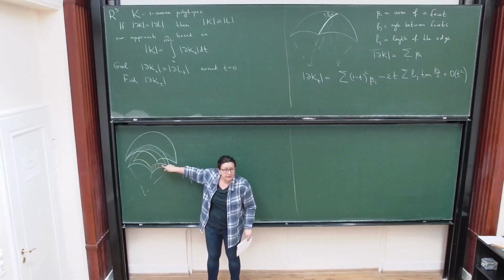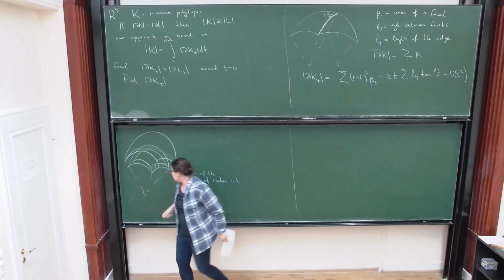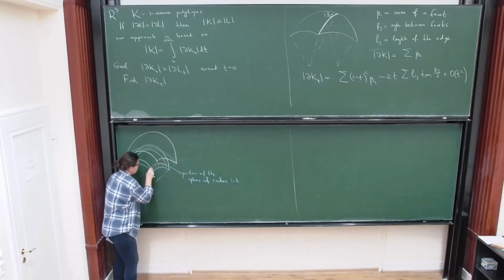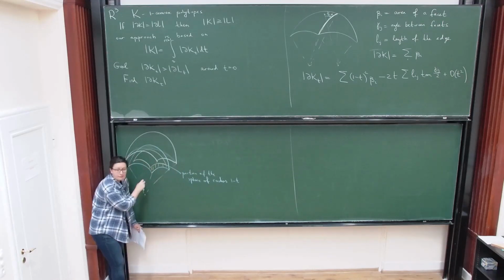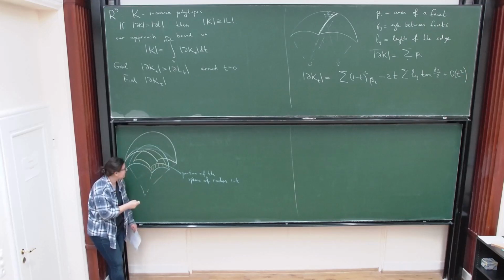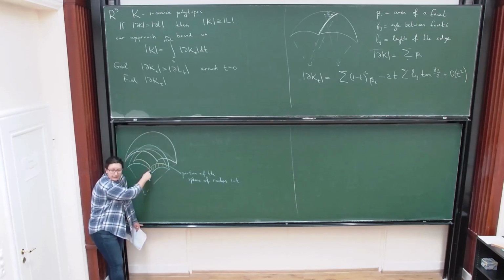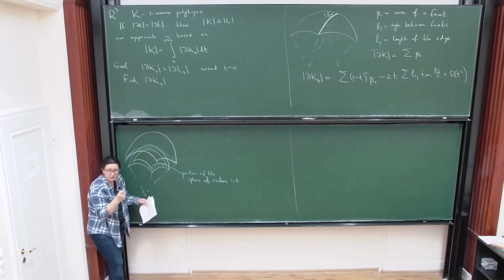So this shaded yellow part, how can I think about it? I can think about it in the same way as before. If I'm around a vertex somewhere, I can justify that around the vertex the area behaves as t squared, and it doesn't really contribute to the first order terms. Before we had a similar story: around the vertices we had the behavior t squared, so it wasn't really contributing.